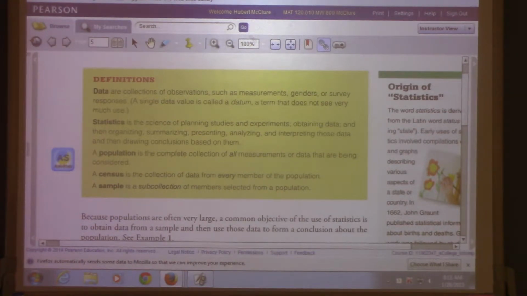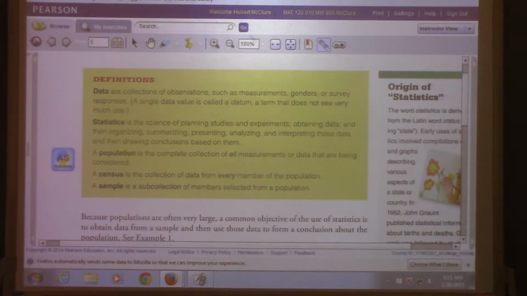All right. Statistics is the science of planning studies and experiments, obtaining data, and organizing, summarizing, presenting, analyzing, and interpreting those data, and then drawing conclusions based on that data. Okay? Gathering, evaluating, and interpreting. All right? That's what statistics is.